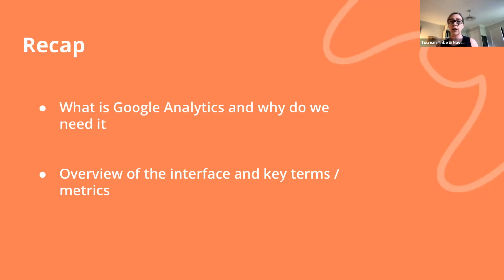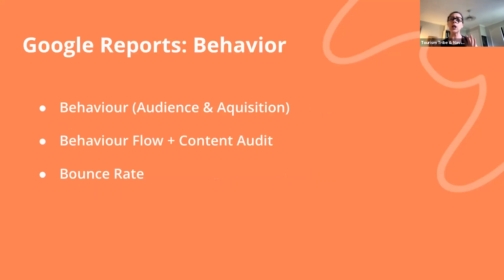During our last session, we looked at the interface and went through some of the key terms and metrics. Then we delved into the reports section. We reviewed the audience report, which shows who is visiting the website.